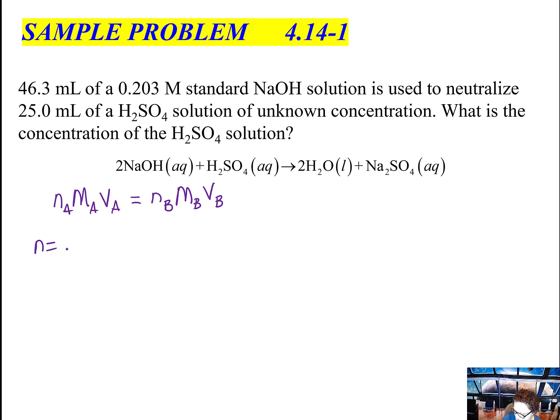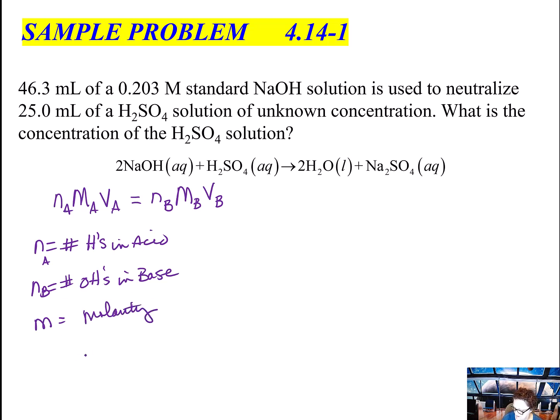N sub A equals the number of hydrogens in the acid. N sub B equals the number of OHs in the base. M equals the molarity, and V equals the volume.